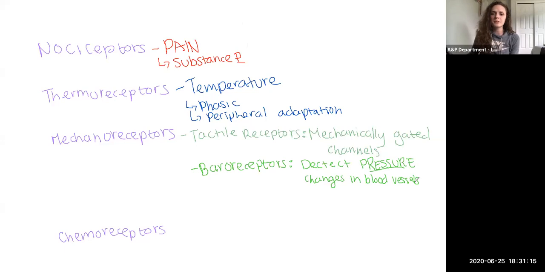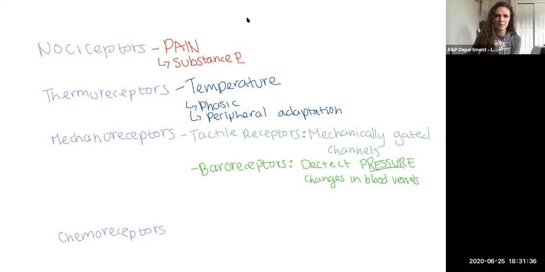Okay, baroreceptors detect pressure changes in your blood vessels. So if you have low blood pressure, your baroreceptors are detecting that change. If you have high blood pressure, your baroreceptors are detecting that change. So it just is changes in the pressure in your blood vessels.